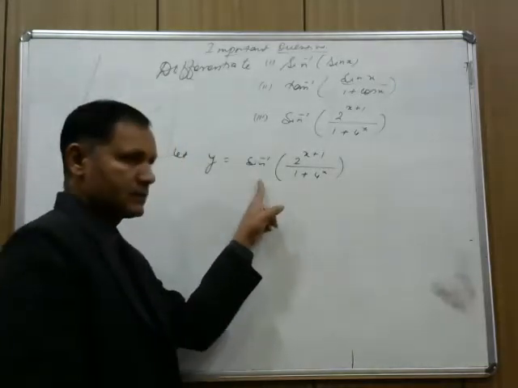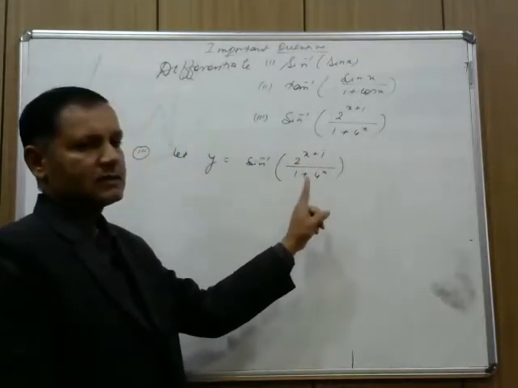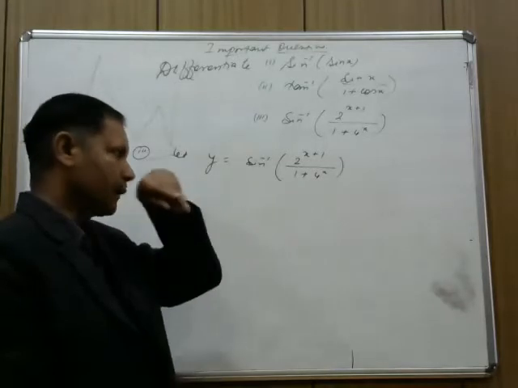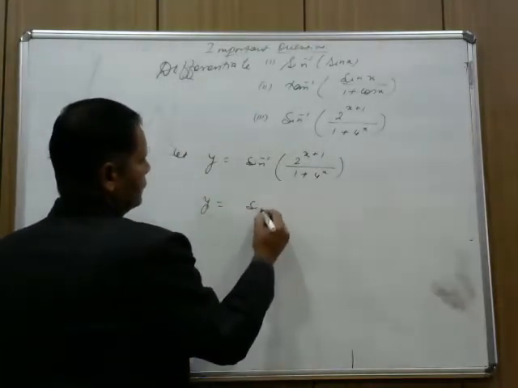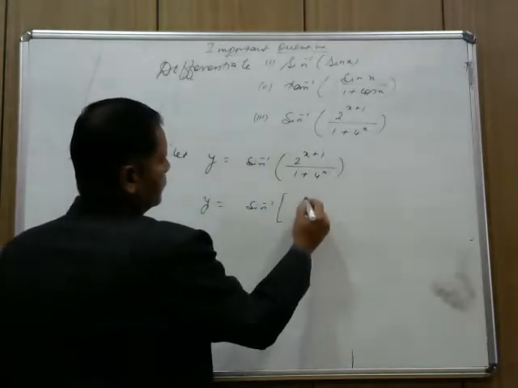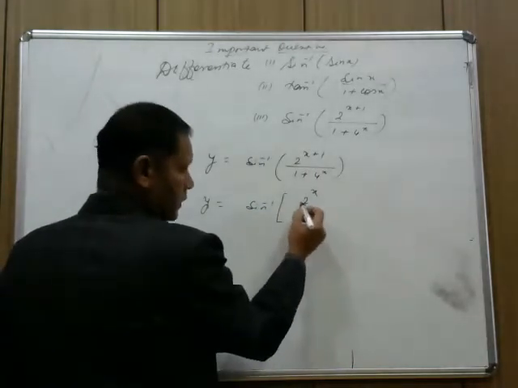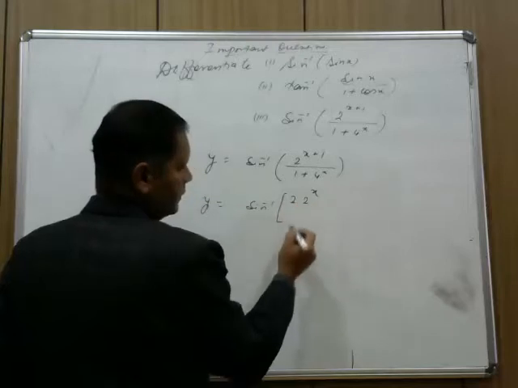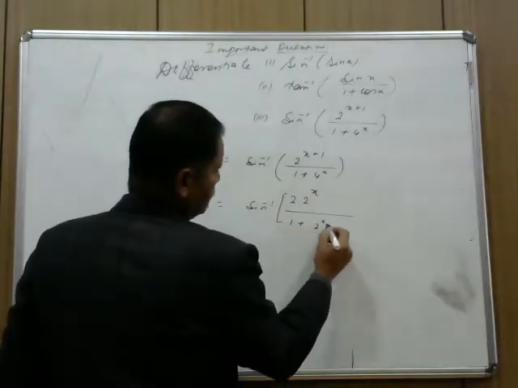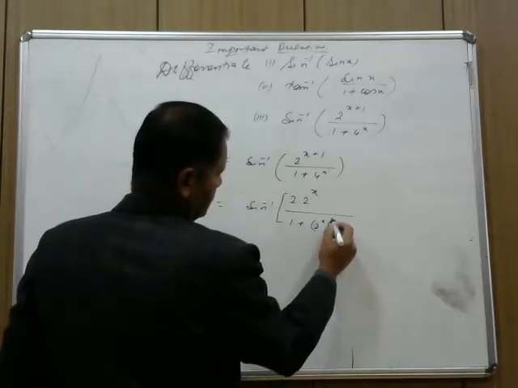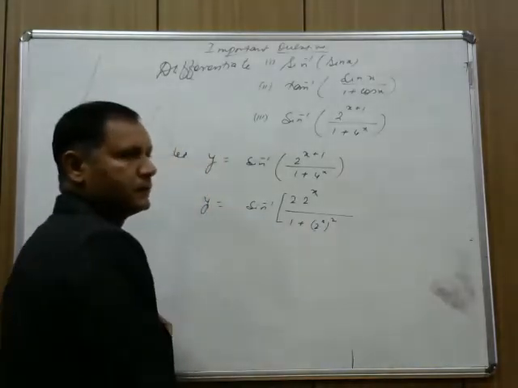Here we have sin inverse. Now unless it is in terms of sine, we cannot remove it. That's why what I can do, can I write y is equal to sin inverse 2 into 2 to the power x upon 1 plus 2 to the power x whole square. Right?